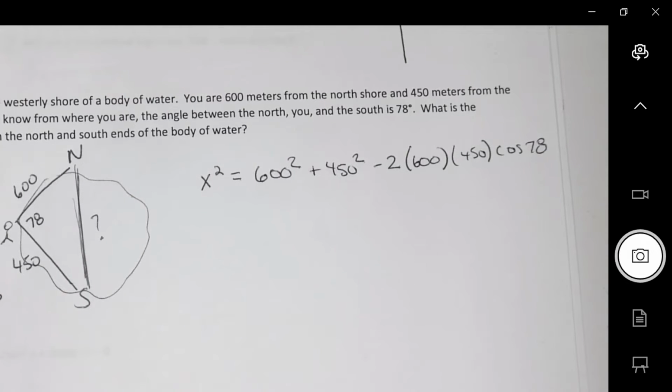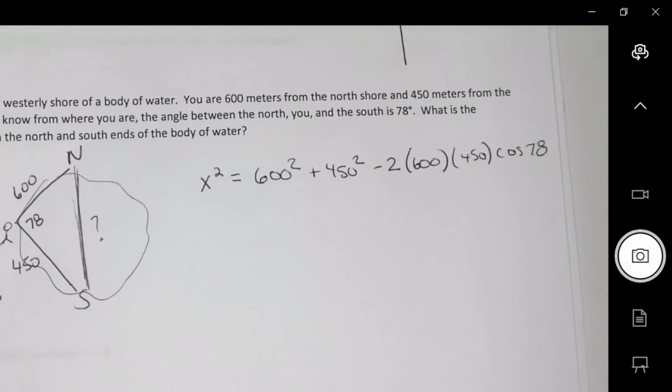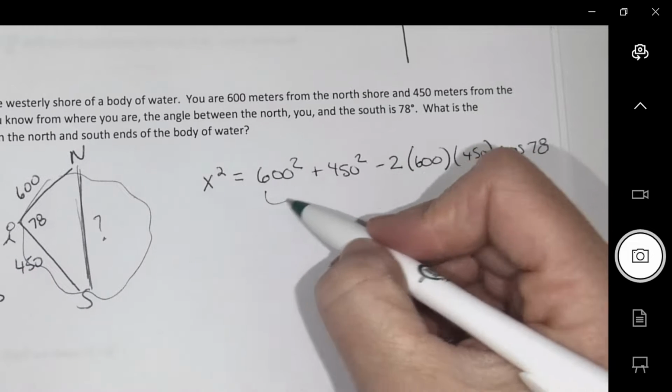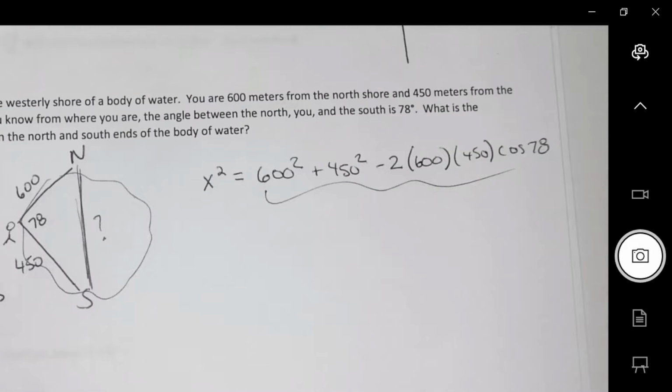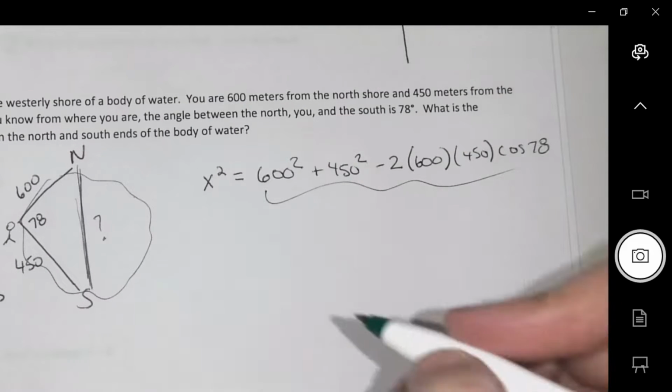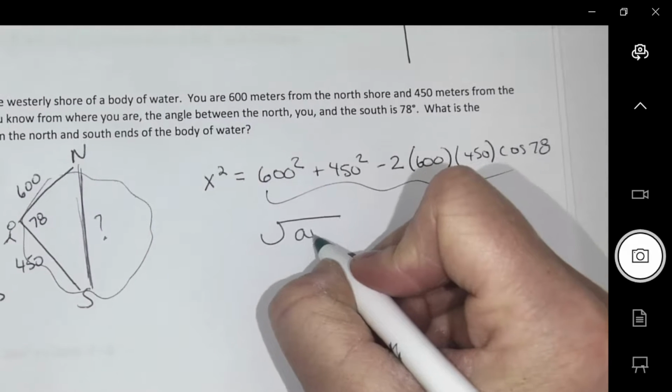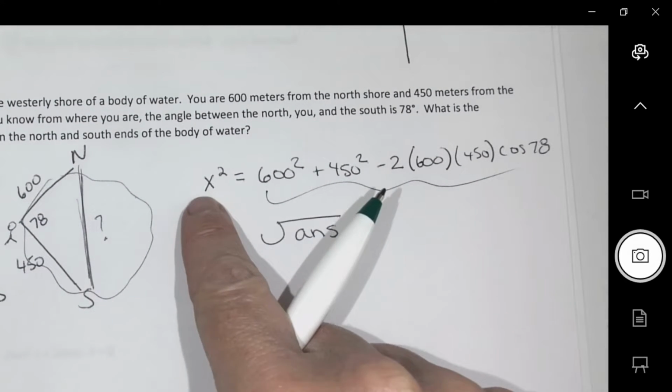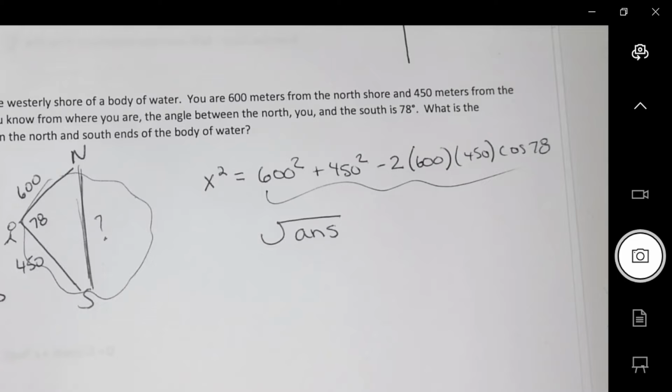That would be a formula to follow through your formula sheet. I'm going to type this all at once in my calculator. And then when I'm done, I'm going to square root the answer because that is x squared and I don't want that. So all in one long step.